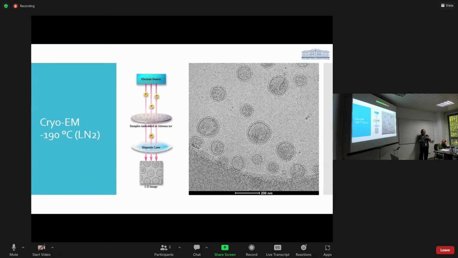So we have no need to add different heavy metals or chemicals to have contrast, because this technique is sustained by quite sophisticated software, which allows us to have a nice image of particles and molecules.